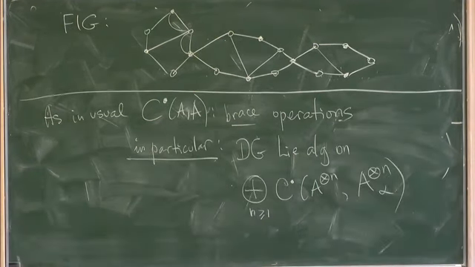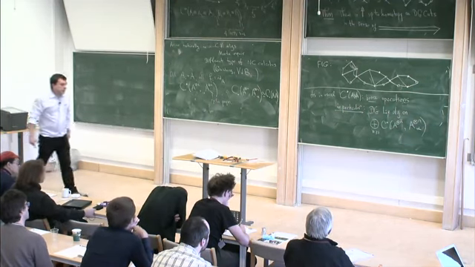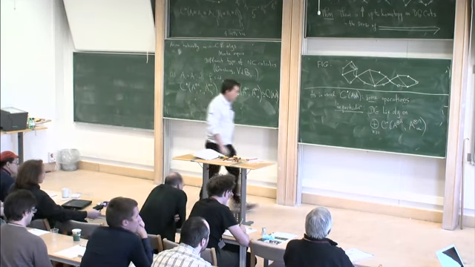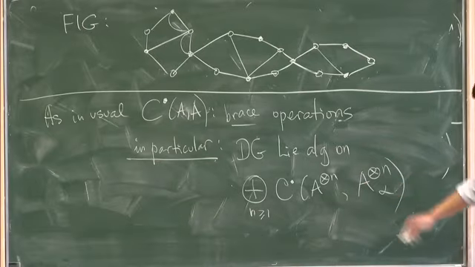The only thing is, as in the usual calculus of Hochschild cochains, there is a generalized Gerstenhaber bracket. For n equal 1, it's the Gerstenhaber bracket.